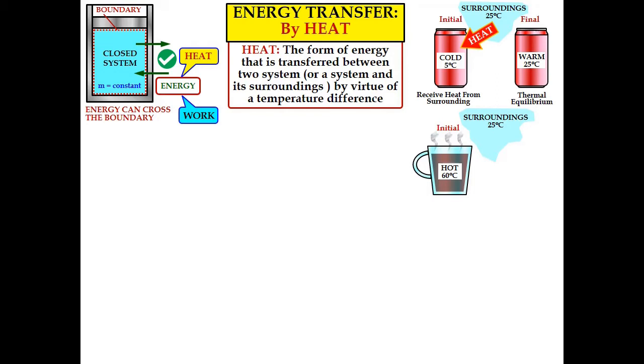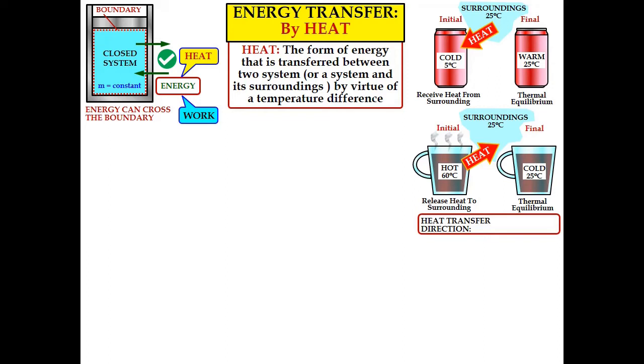Due to the temperature difference, we will have heat transfer. For this case, heat will transfer from the hot coffee to the surrounding. The hot coffee will release heat to the surrounding. At the final state, the coffee temperature will be equal to the temperature of the surrounding, which is 25 degrees Celsius. At this condition, we consider the state as the thermal equilibrium state.